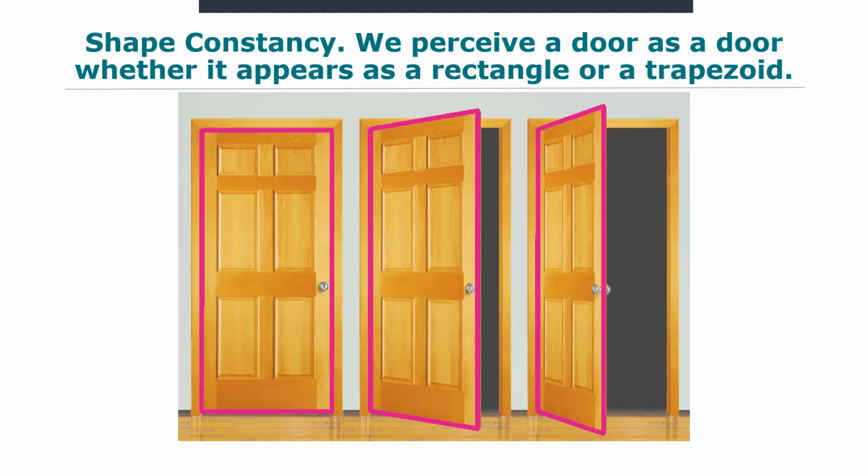Knowing things about shape or size constancy and using that information is part of top down processing. You know that doors don't just change shapes on their own. So you compensate for the change in shape on your retina. You don't believe it, in a sense. You know it's still a rectangle.